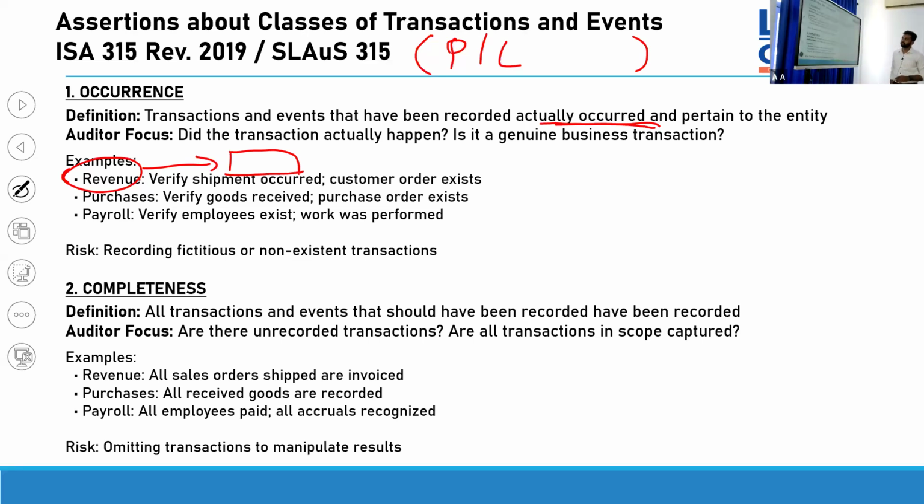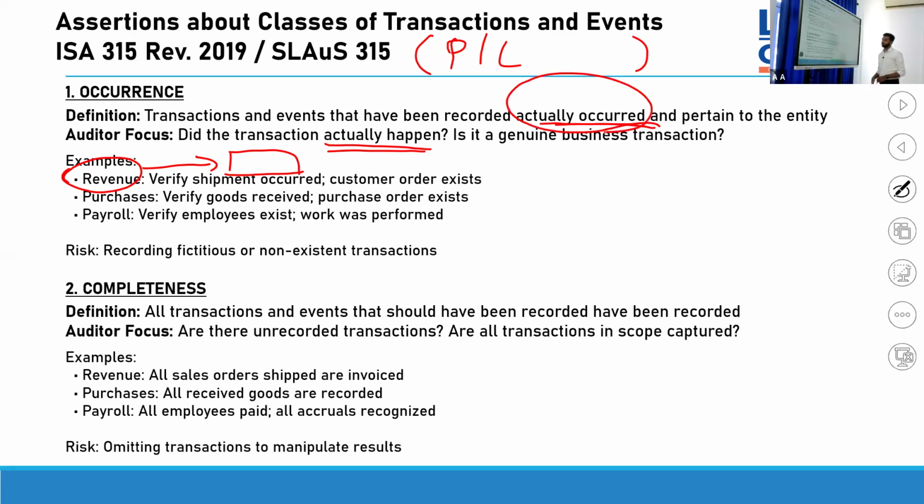That is occurrence. As an auditor, we must focus: did the transaction actually happen? We need to obtain evidence in order to verify that occurrence. Is that clear? If you have doubt, please let me know. Occurrence means all the transactions and events that we have recorded must actually occur.